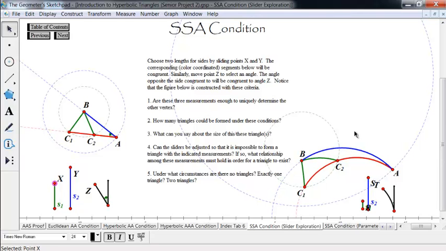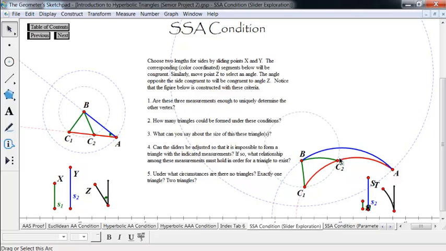Now, one thing that's interesting about this is this right here is an isosceles triangle from C1 to B to C2, and in fact that makes these two base angles congruent, something you'll prove. And so the two angles at C2 form a linear pair, and so they're supplementary, which means this angle C2, the interior angle of the triangle ABC2, compared to the interior angle C1 of the triangle ABC1, those two angles have to be supplementary.